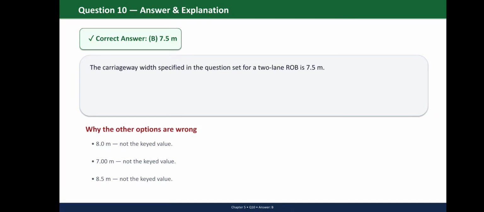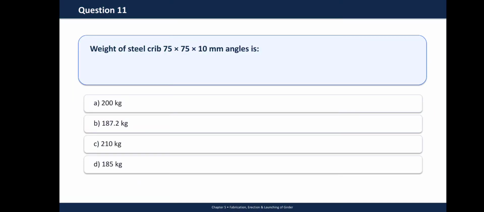Question 11. Weight of steel crib 75 by 75 by 10 mm angles is. Options. A. 200 kilograms. B. 187.2 kilograms. C. 210 kilograms. D. 185 kilograms.